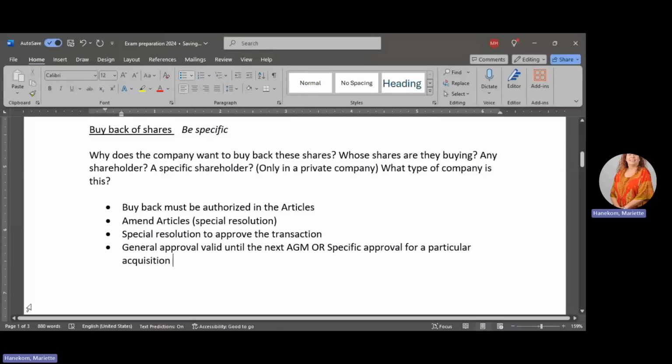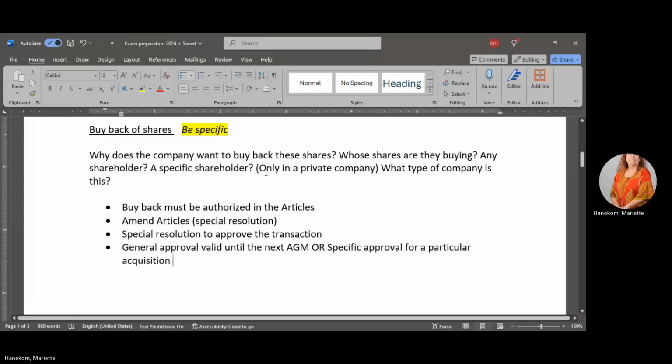And here I come to my point, that you must be specific. Because if you're going to be writing, it can be a general approval valid until the next AGM or a specific approval for a particular acquisition, you are not going to be getting marks. Why not?